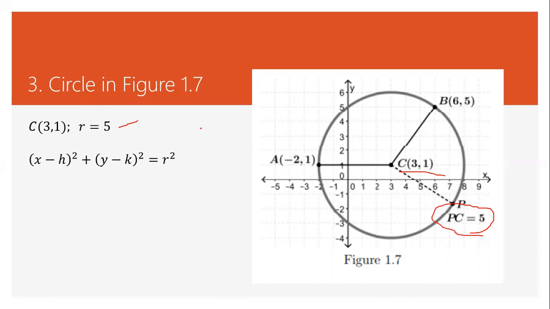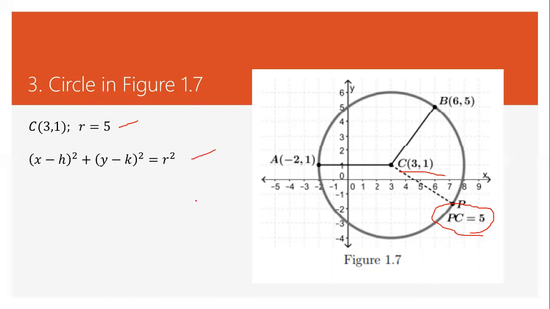Since we have the center and the radius, so the two important ingredients to identify the standard equation of a circle is the coordinates of the center and the radius. So kompleto naman siya.